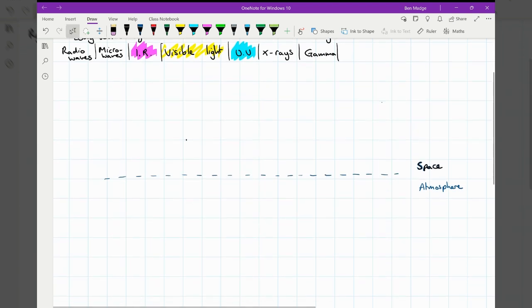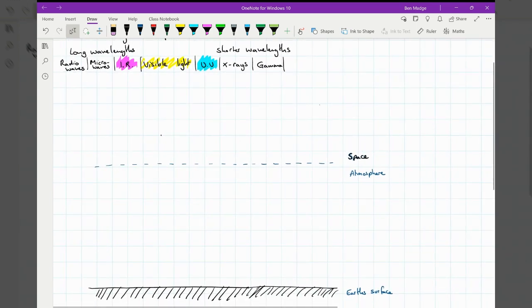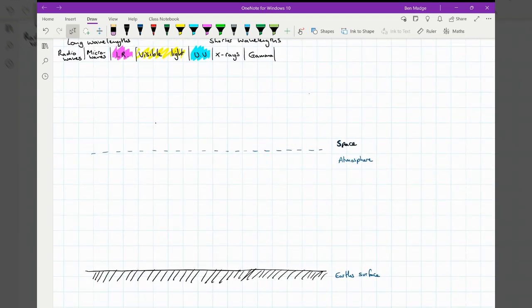So this radiation reaches the atmosphere's surface on the edge of space. We've got infrared, near the visible end of the spectrum.